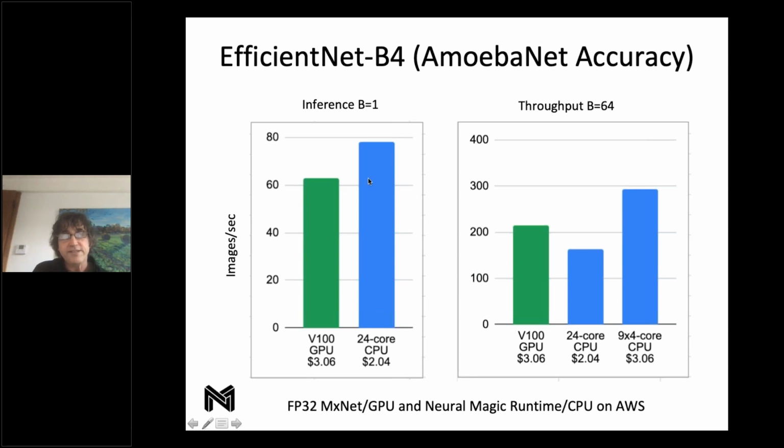A 24-core CPU is matching the Volta at batch size 1, and it's also in the same ballpark as the Volta for the high throughput case of batch 64. So our understanding of what neural networks do is bringing us closer in accuracy to the larger networks with less compute.